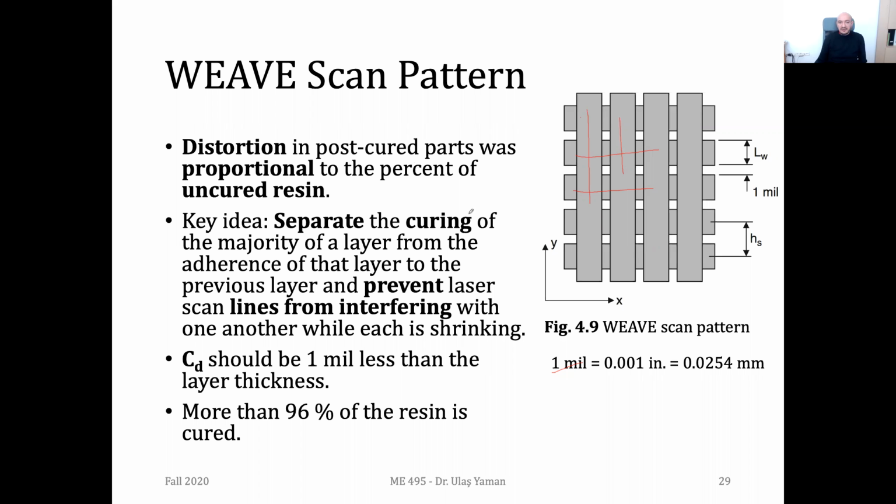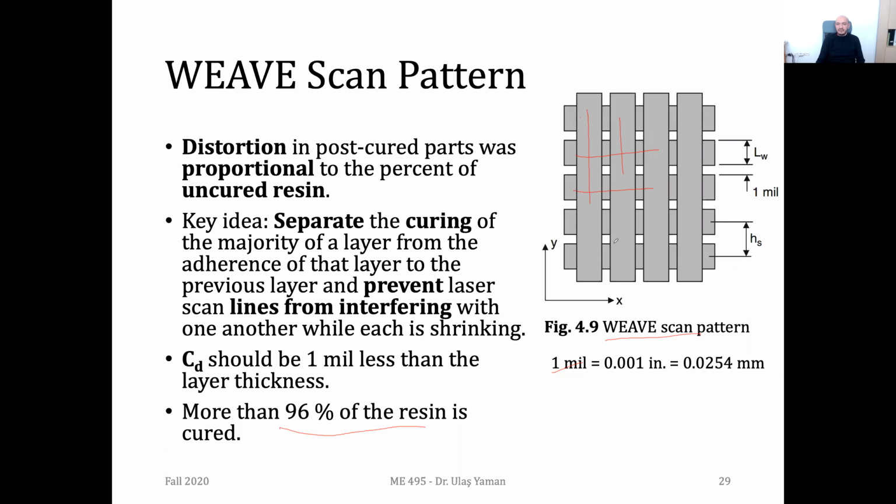So why do we need such a separation between these cured lines? Since we want to decrease the internal stresses and decrease shrinkage, that's why people offered such scanning patterns. And at the end of the printing process, we will always have some uncured resin inside the part.